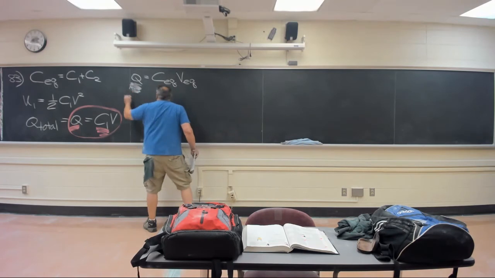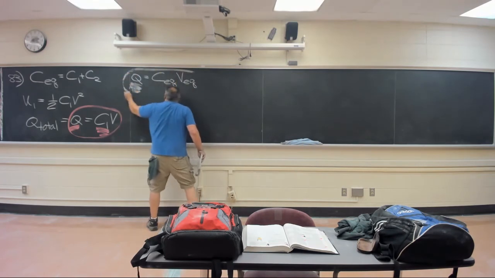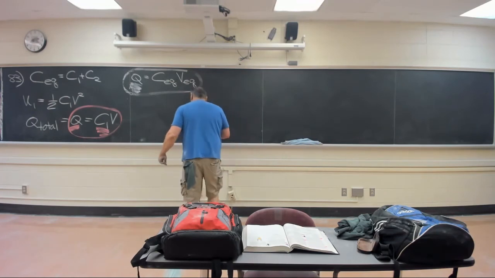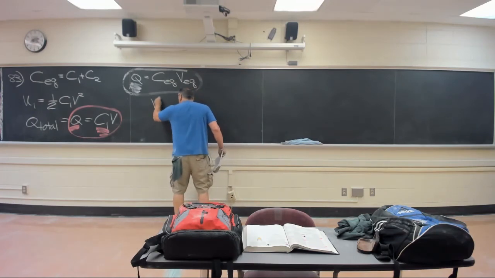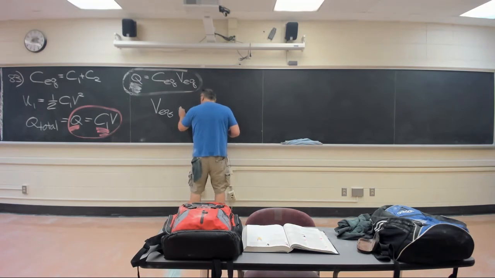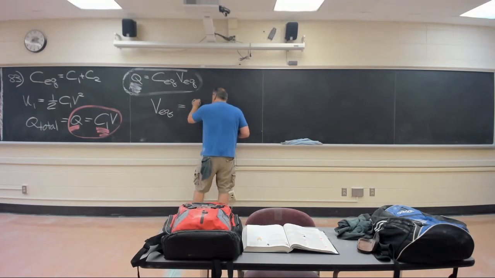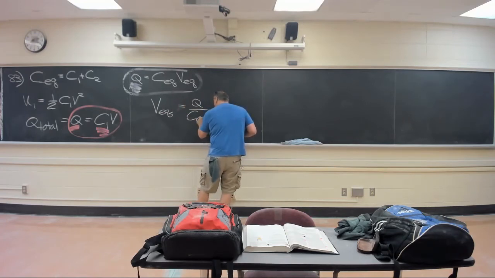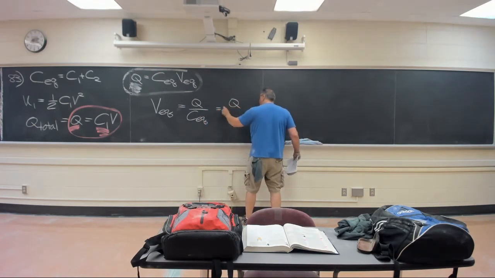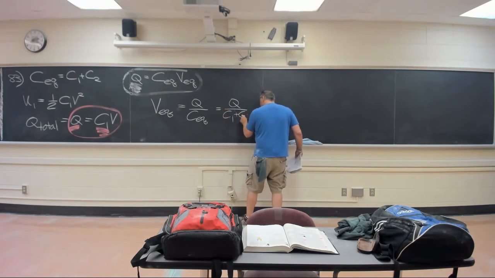So all together, the way you got to look at it is what it is. VEQ equals, well, I'll tell you what the equivalent capacitance has got to be. VEQ is going to be Q divided by CEQ. Wait a minute. Didn't we say CEQ was this plus this?